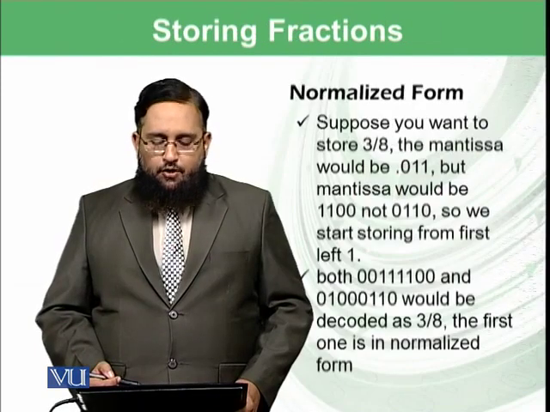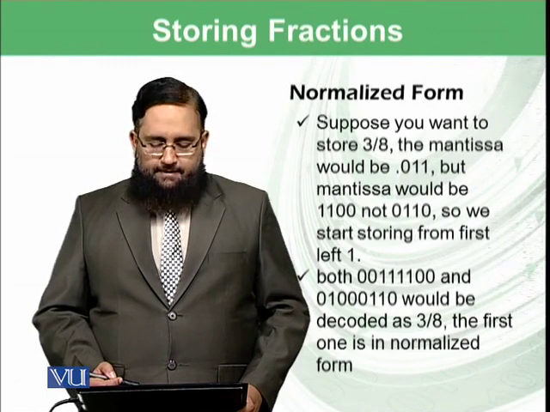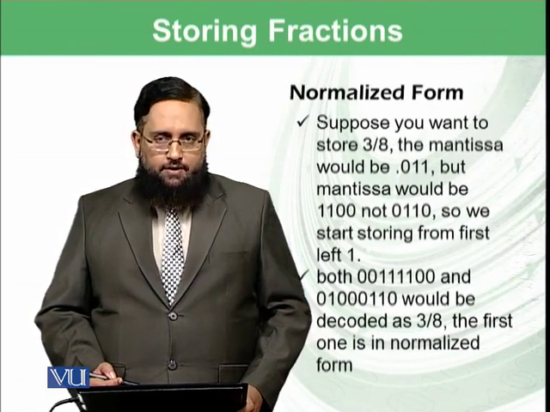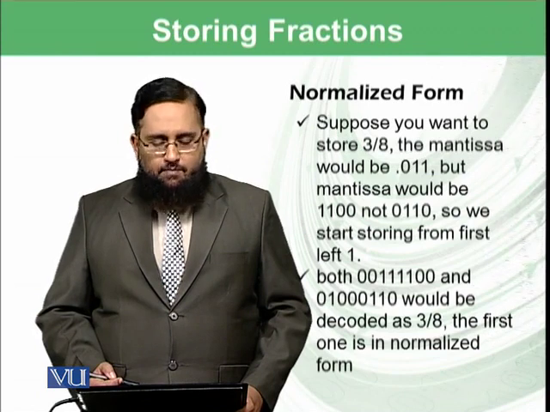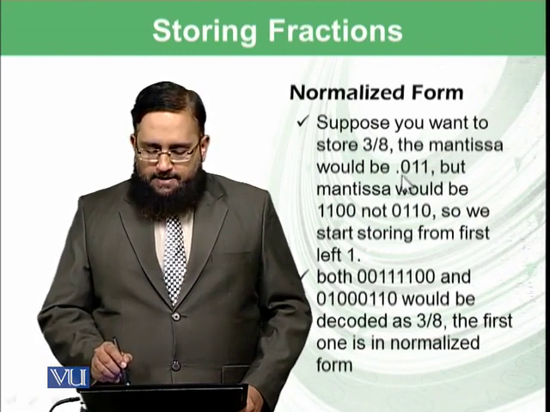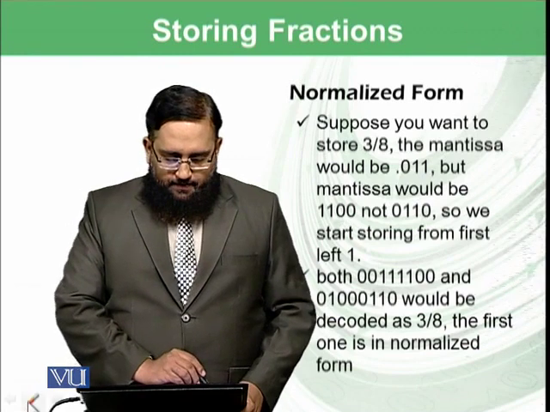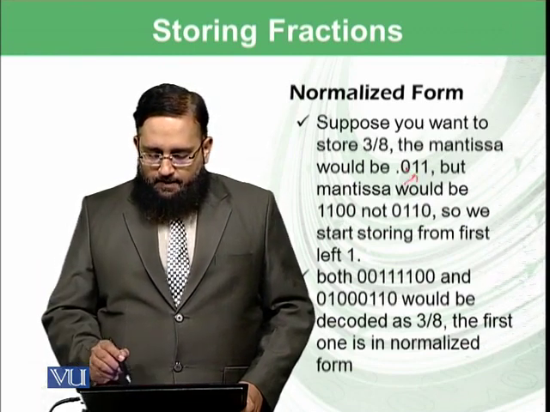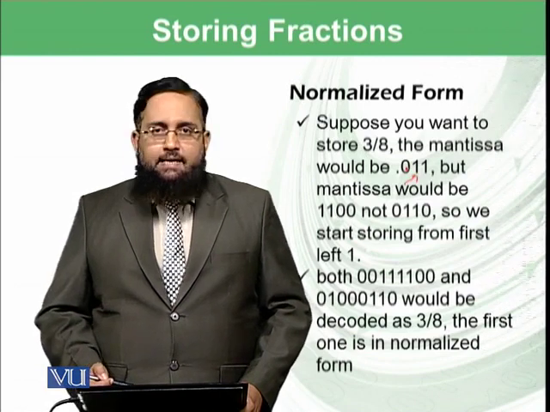And suppose you want to store 3 by 8. The mantissa would be 0.011. Here is one important point: we exclude this 0 and start saving from the first one. This means the mantissa would be 1100.